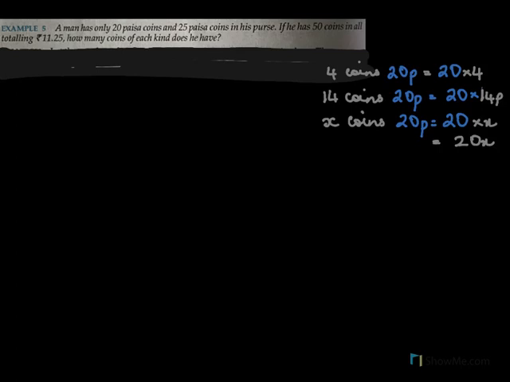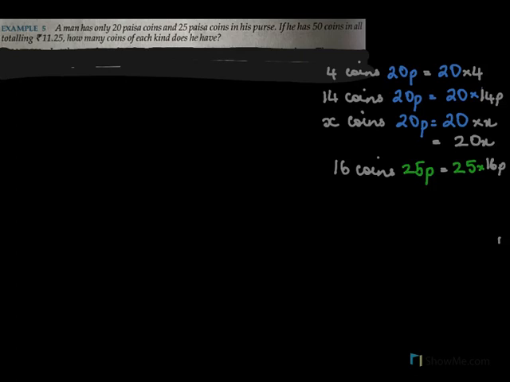Same thing if I were to tell you you have 16 coins now of, say, 25 paise. How much money would you have? You would have 25 paise 16 times, so 25 into 16.